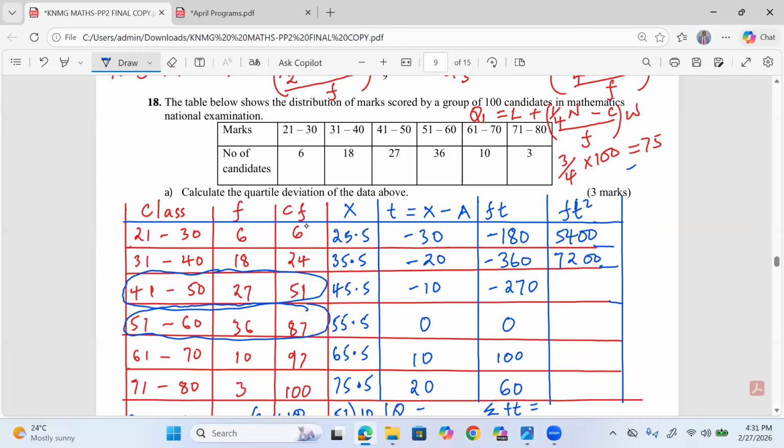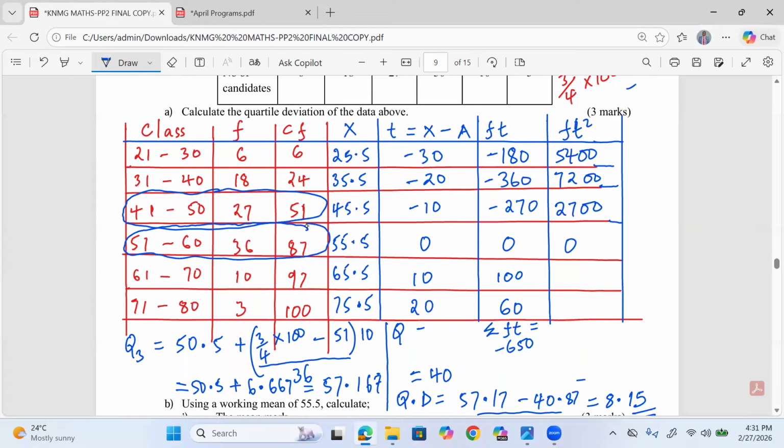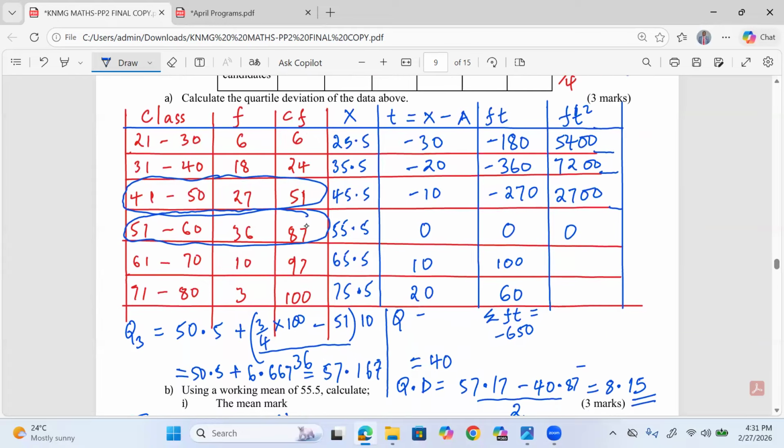The next is negative 10 squared, it becomes 100. 100 multiplied by 27, so it becomes 2700. The next will automatically be a 0, because 0 squared becomes a 0. You multiply by this 36, it remains a 0. The other one is 10 squared, 100 times 10, the frequency, we get 1,000. Then 20 squared, we get 400, multiplied by 3. We get 1200.